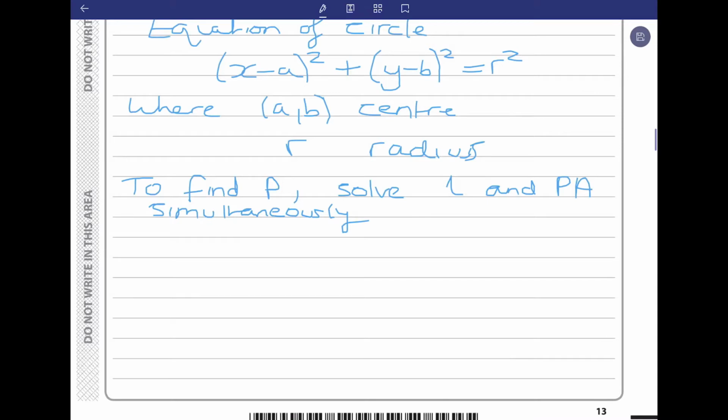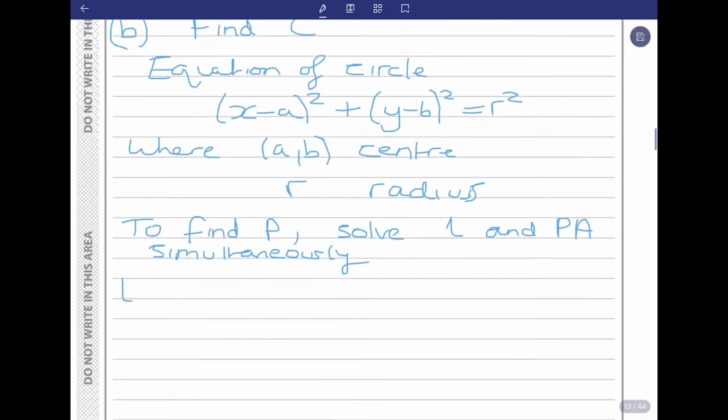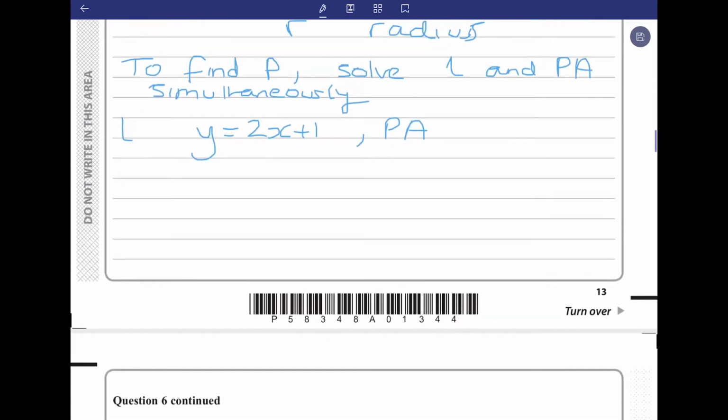So, recall the equation for L was, what was it, y equals 2x plus 1. And then PA, we had, just wrote it down, 2y plus x equals 17. So let's substitute this into here.